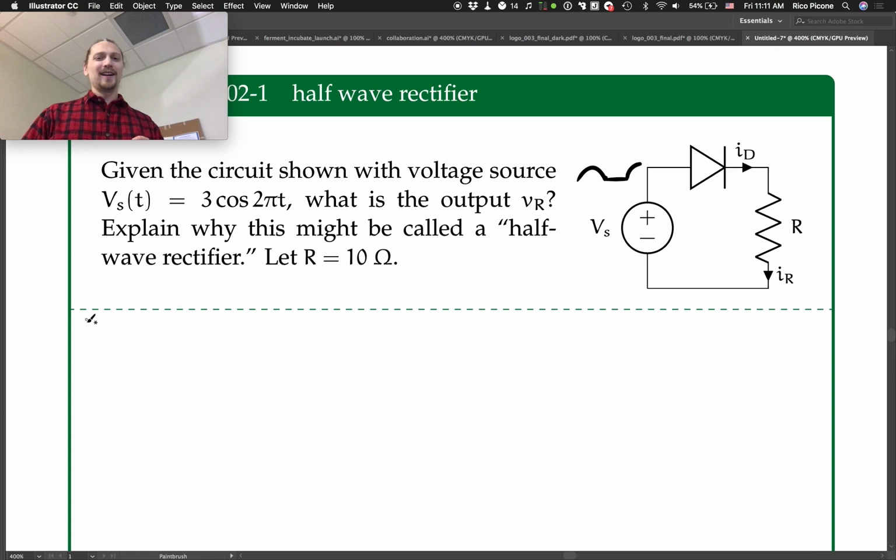So let's start out by replacing the diode with the diode model that we're going to use.